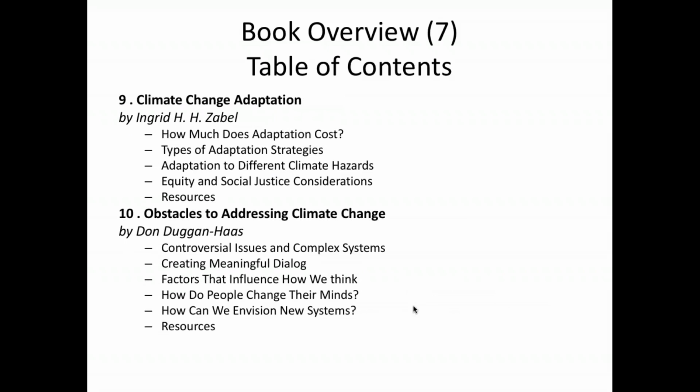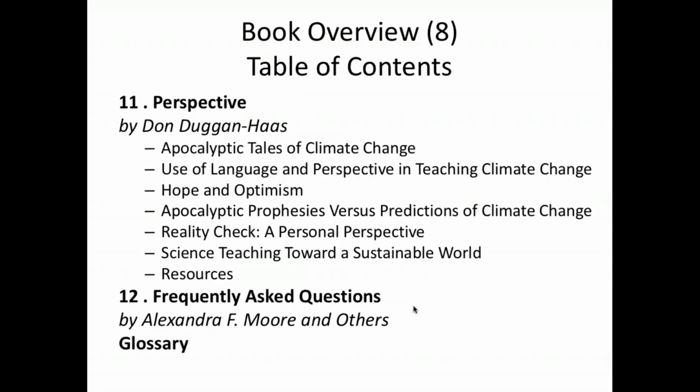And then on to adaptation, and then the last couple of chapters that are numbered deal with some of those social science issues. And we're actually going to draw from chapter 11 for part of the session tonight.